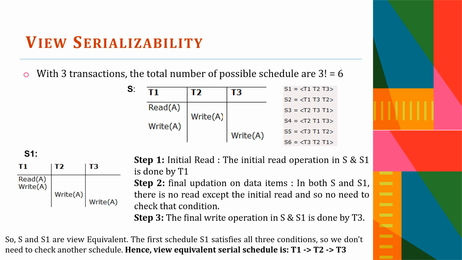Since all three conditions are met, we can say that the schedules S and S1 are view equivalent. Among the 6 schedules, the first schedule S1 satisfies all three conditions, so we don't need to check the other schedules. Hence the view equivalent serial schedule of the given schedule S is T1 followed by T2, then T3.